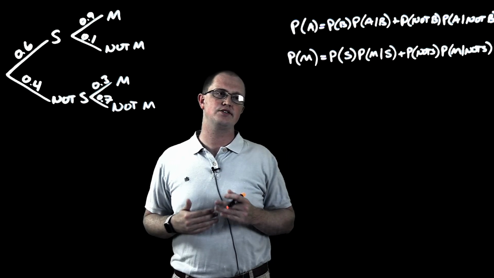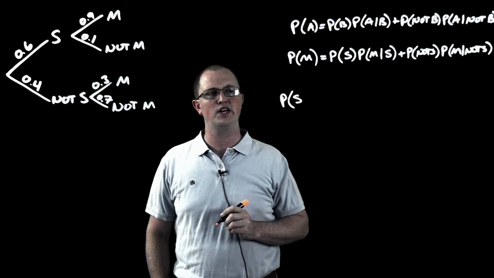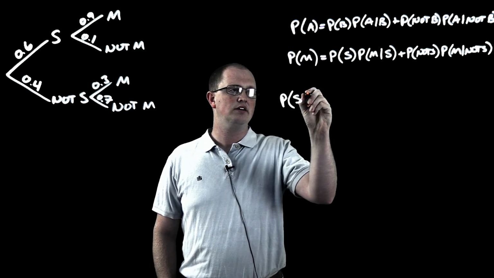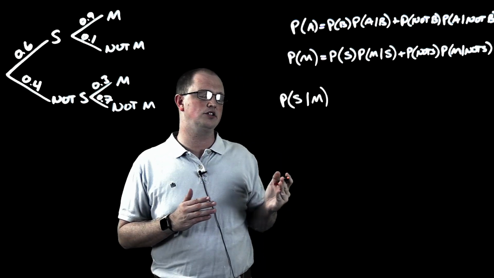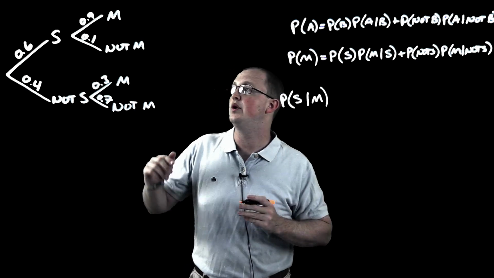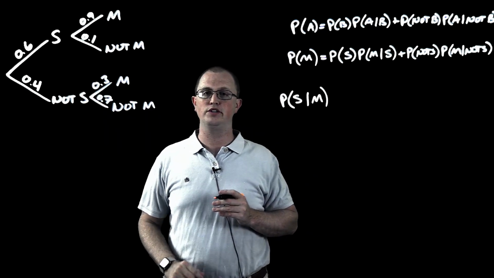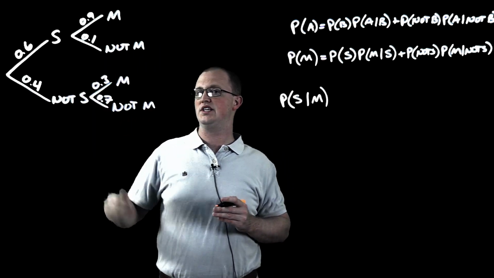Right, what if we want to ask the question of, what is the probability that you saved $500 given that you went to MoMath? Right, so it's another conditional, but the difference here is that we've switched the order. Right? We have a bunch of conditional probabilities, but they're about the probability of going to MoMath based on whether or not we saved.